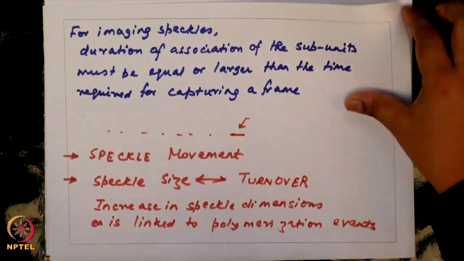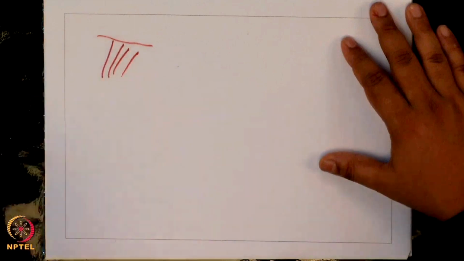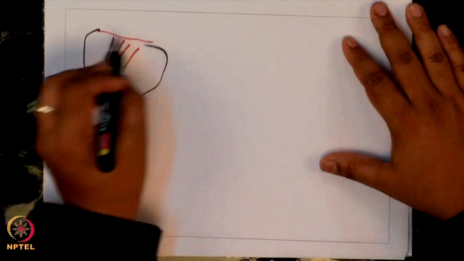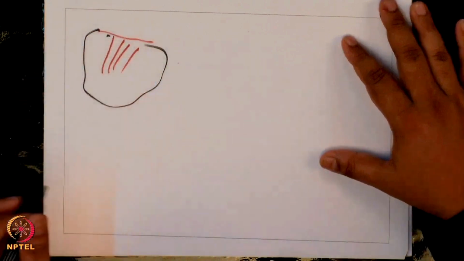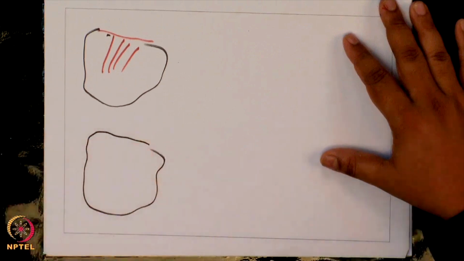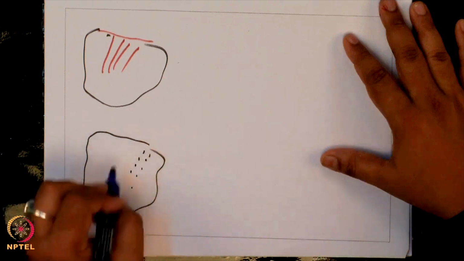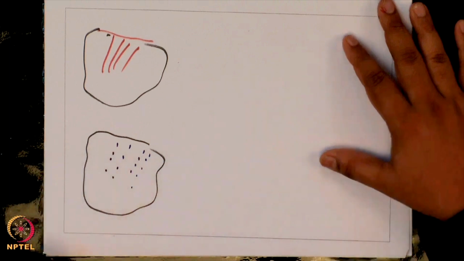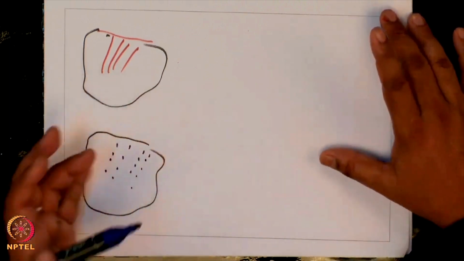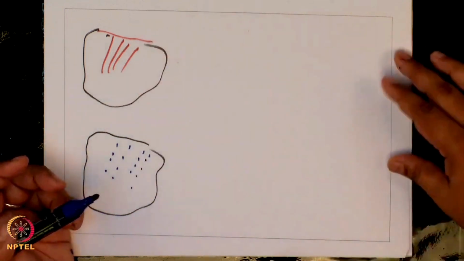So, if we take a cell which is stained, imagine this is one stress fiber network, a portion of a cell where you see stress fibers. If the same cell were imaged in speckle microscopy, then though you will not see the entire structure, you can gauge the orientation of these filaments from the speckle microscopy.